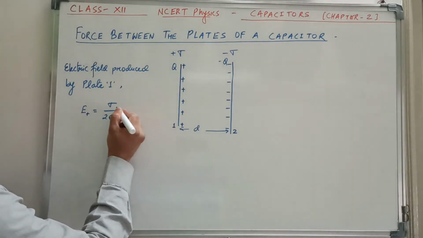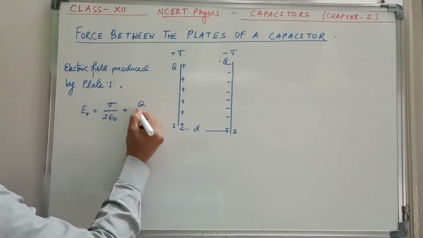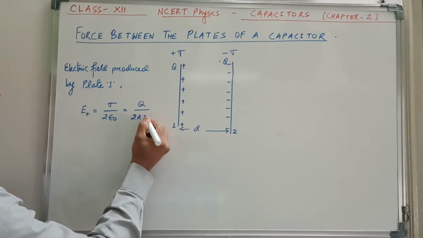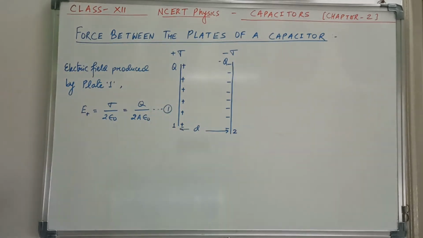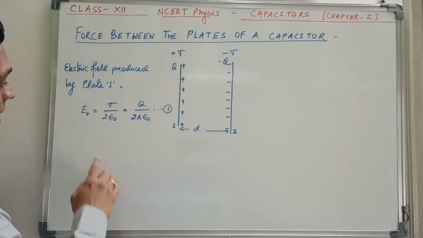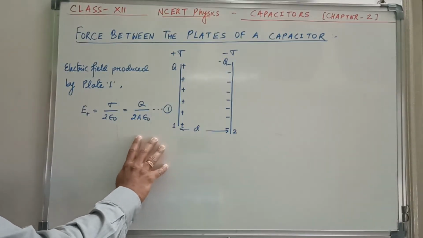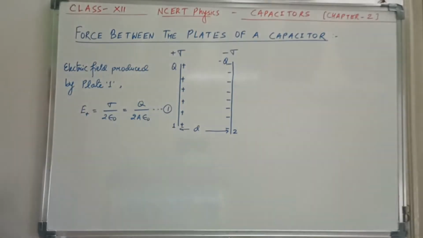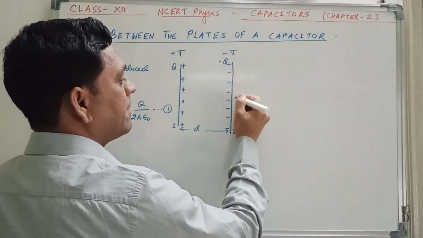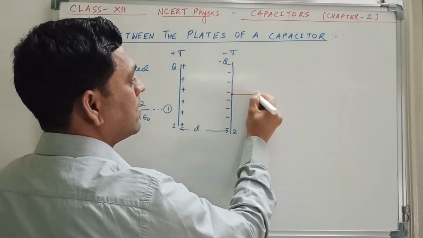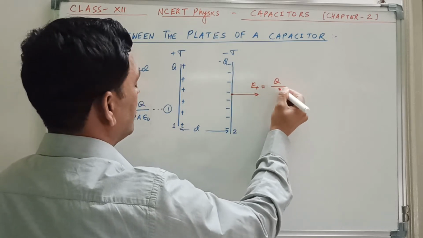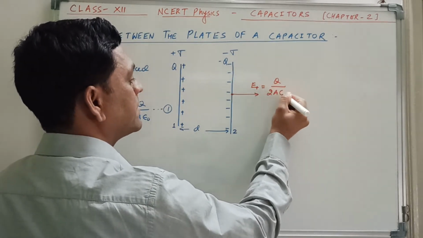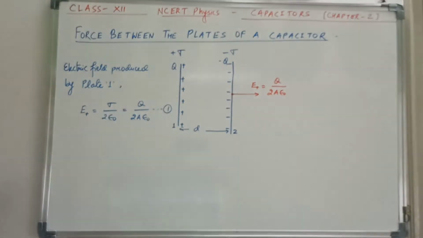Or this may be written as, since sigma is equal to Q upon A, this becomes Q upon 2A epsilon 0. Let me call this equation number 1. This electric field is independent of the distance. On this plate, this electric field will be exerted in this direction, and this will be Q upon 2A epsilon 0.